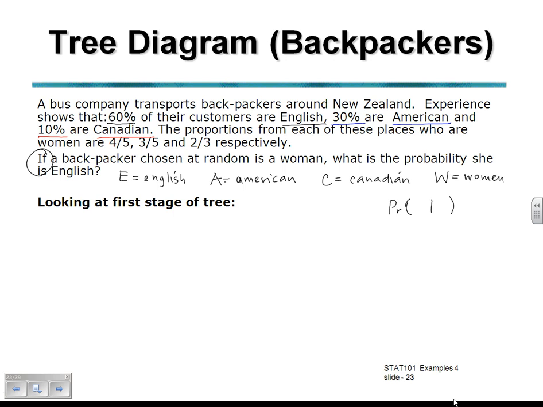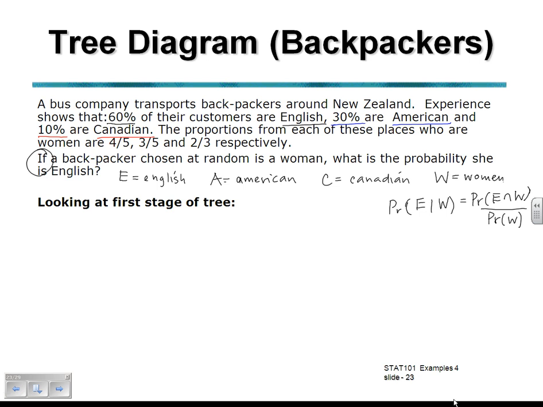So it's going to be the probability of English given that she is a woman. We know she's a woman. That's happened already. What is the probability then she's English? So probability of English intersection woman divided by probability of woman itself. Just modifying the conditional probability formula you'll find on the Stat 101 webpage.